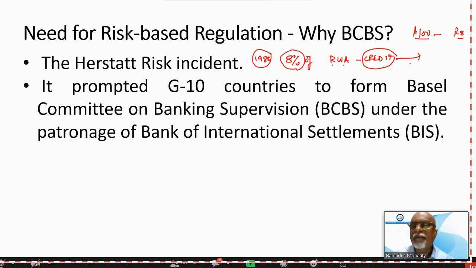But in India, this 8% remains for Basel, but RBI has increased that 8% to 9%. Because they said that you can raise that, but you cannot lower it from 8%. You can suggest more to keep the Basel for your safety as per the conditions prevailing in the country, but you cannot say that it will be lower. Okay, so that was the prescription.